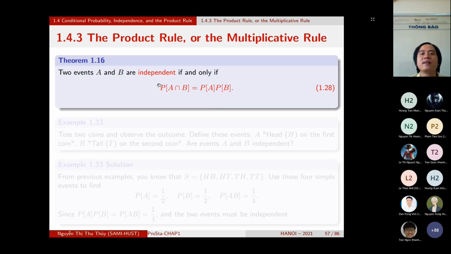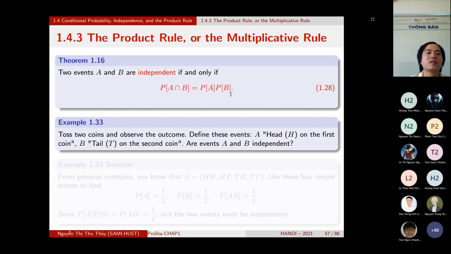I repeat, we can use the multiply sign here: P(A ∩ B) is equal to P(A) multiplied by P(B). That's what formula 1.28 says.